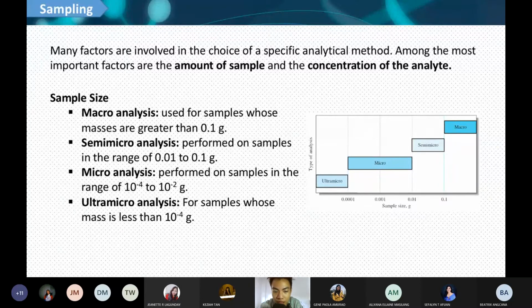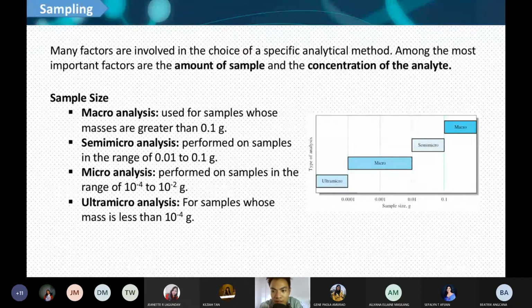The first type is macro analysis, which can be done when your sample size is big. Big means anything greater than 0.1 grams or 0.1 ml.